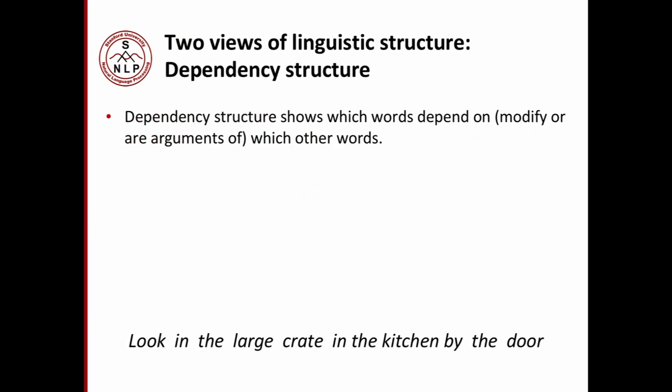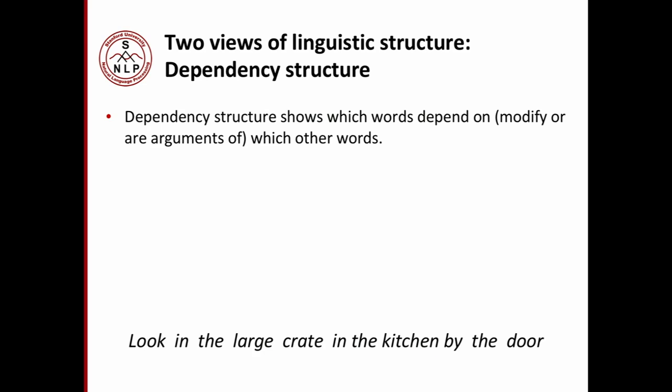So the idea of dependency structure is, rather than having these sort of phrasal categories like noun phrases and prepositional phrases and things like that, we're going to directly represent the structure of sentences by saying how words are arguments or modifiers of other words in a recursive fashion, which is sort of another way of saying how they're dependents of other words.